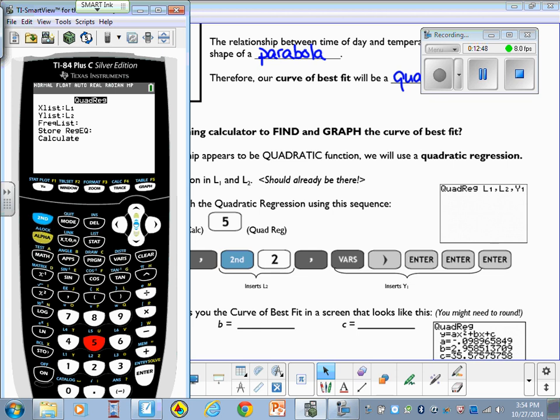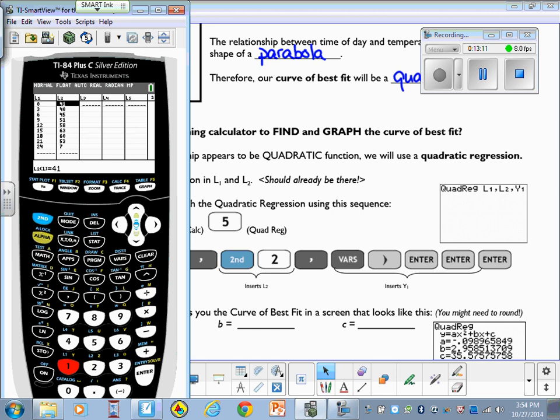Okay, it picked up list 1 and list 2. Calculate. Oh boy. I have different numbers than what we have in the screenshot. Alright, so the first thing I'm going to do is go back to stat and edit, and I'm going to check my numbers. 0, 3, 6, 9, 12, 15, 18, 21, 24. 41, 40, 45, 51, 58, 63.